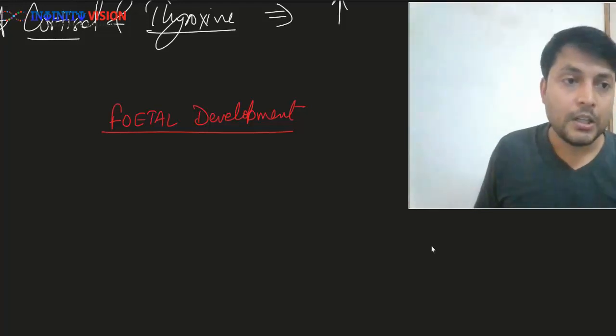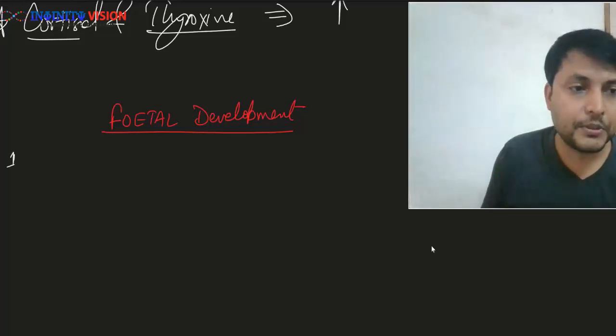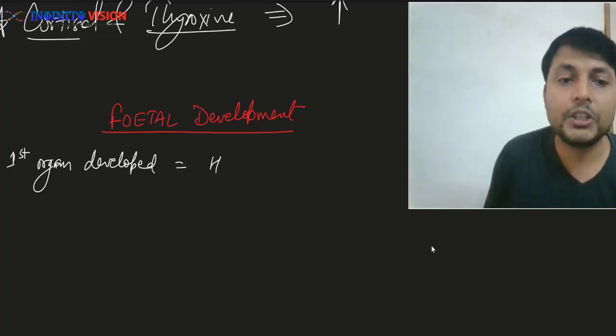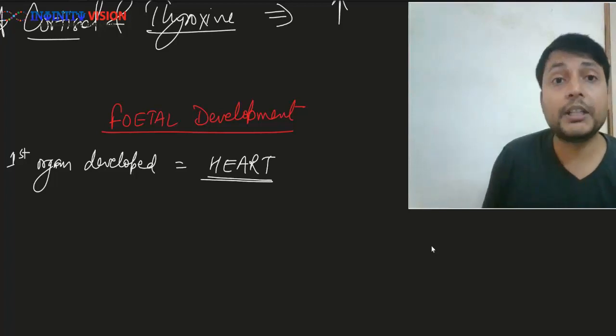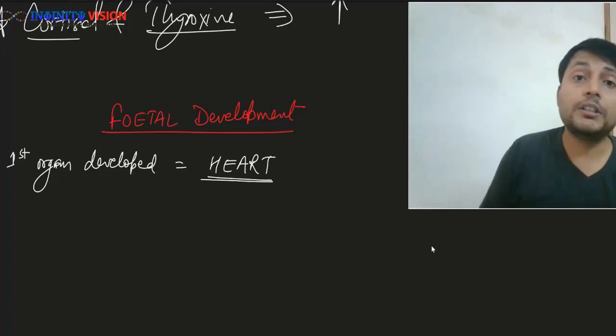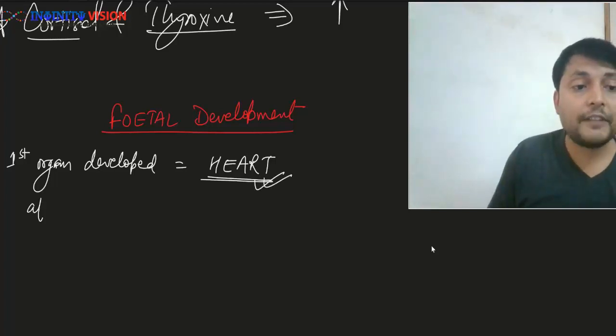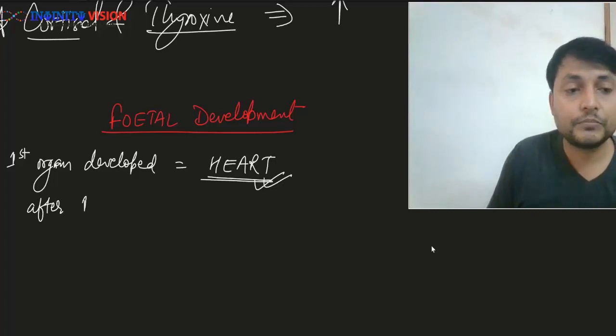The first organ that develops, the first organ developed, is the heart. Please remember, the question is asked: which organ is first developed in an embryo, and the answer is heart. When does it form? After the first month.